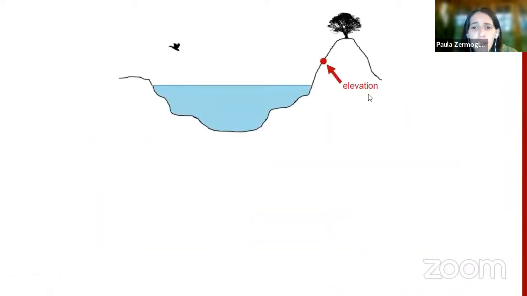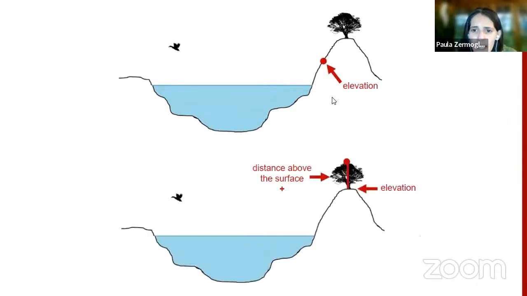Now let's look at some examples. If we're standing on this red dot on this mountain, our elevation will probably be positive if we assume that this is at sea level. So we will describe this as a positive elevation. We are at that elevation.